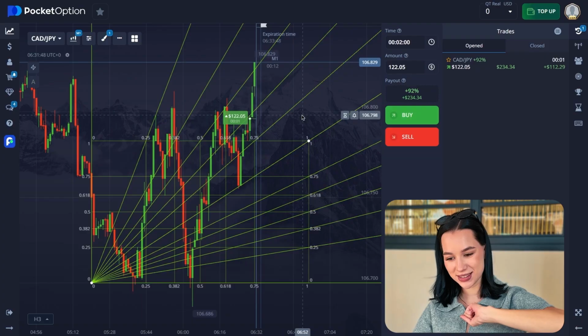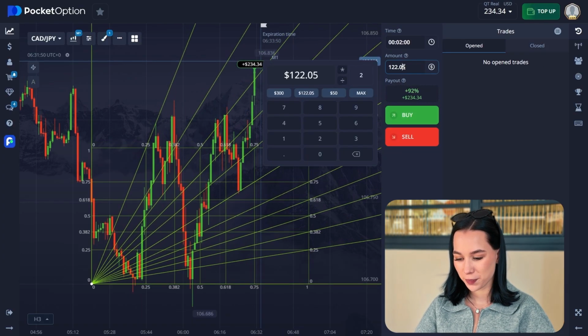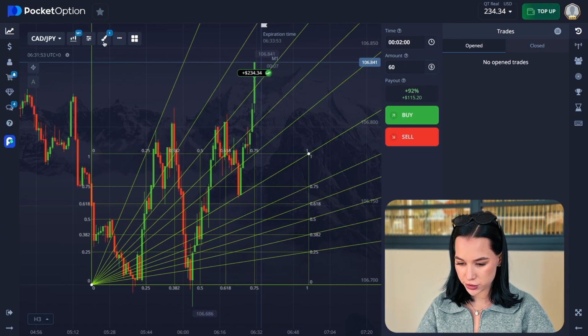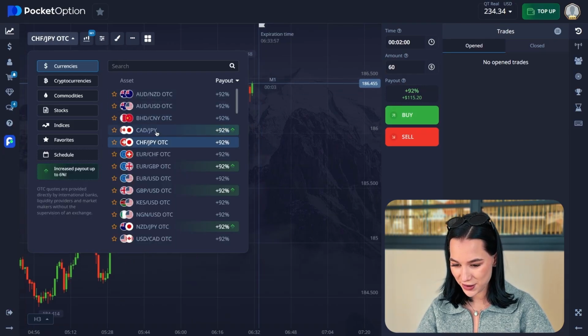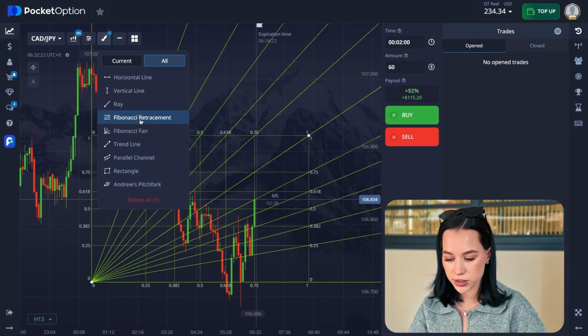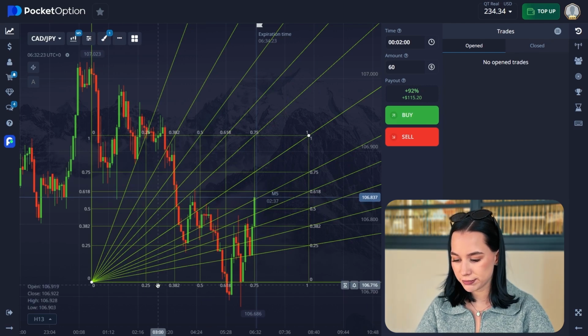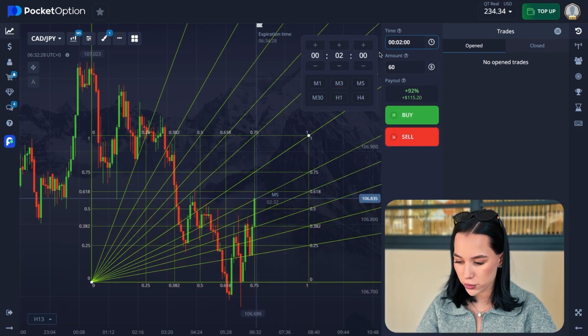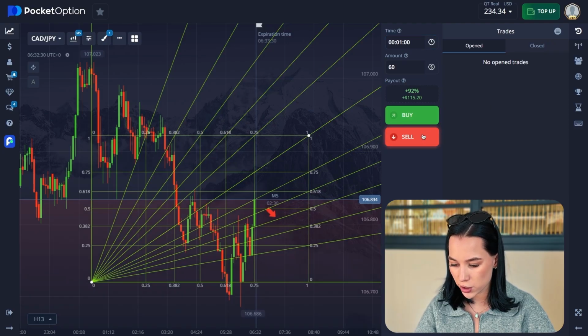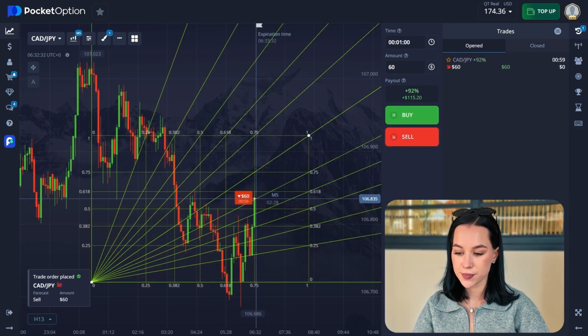Oh, we did that. Okay, perfect, guys. So now we changed our amount of money to $60, so we will not risk that much as well. Actually, I think we can use the same currency pair because it achieved a new level of 0.75 and should reverse from it. Let's change to 1 minute and open here a sell trade.